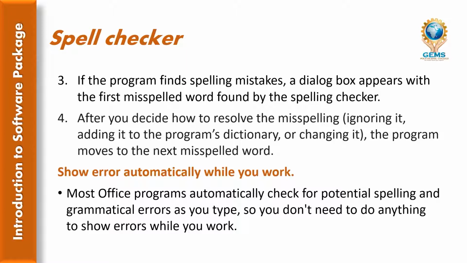Then show errors automatically while you work. Most of the Office programs automatically check for potential spelling and grammatical errors as you type, so you don't need to do anything to show errors while you work.